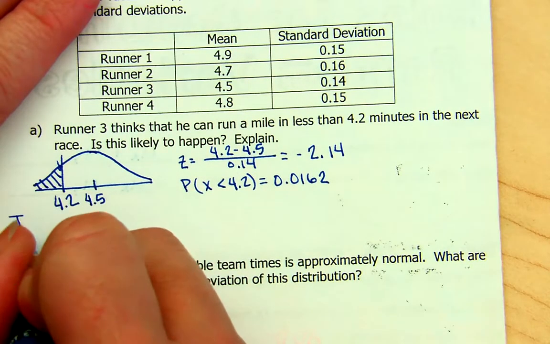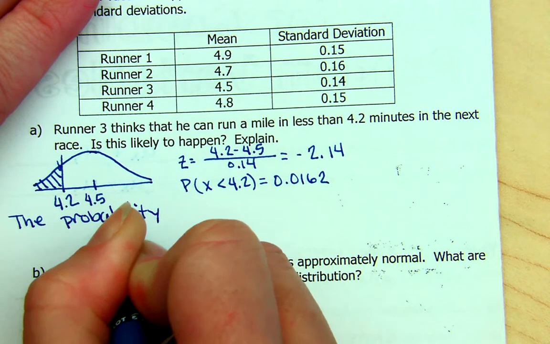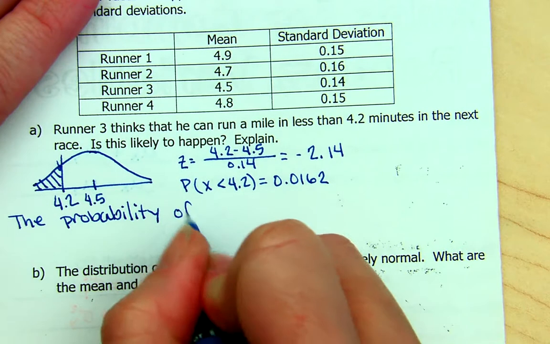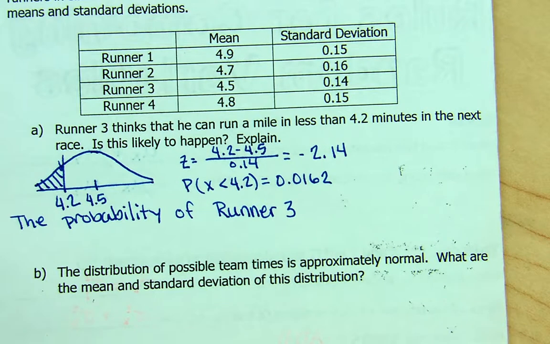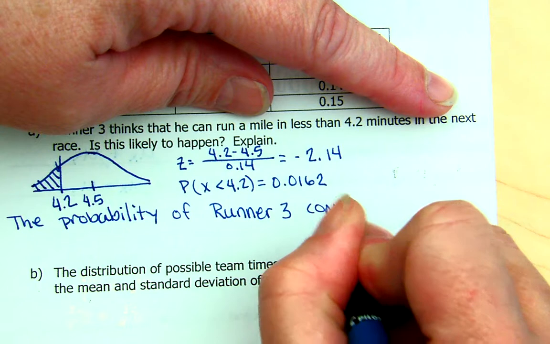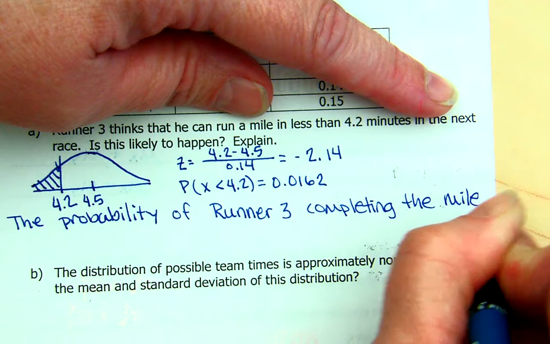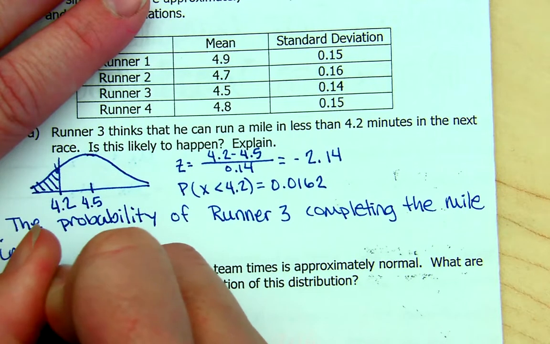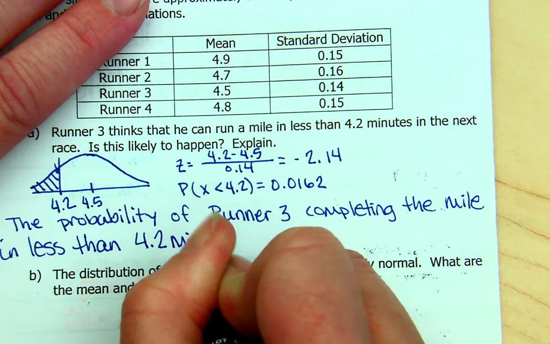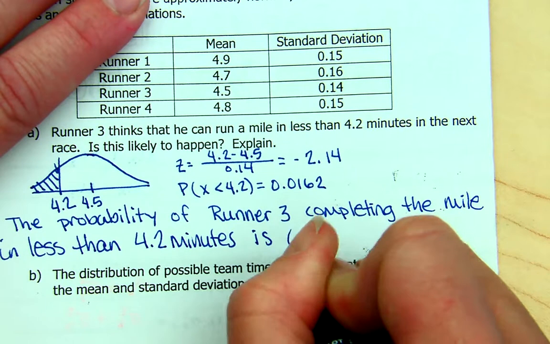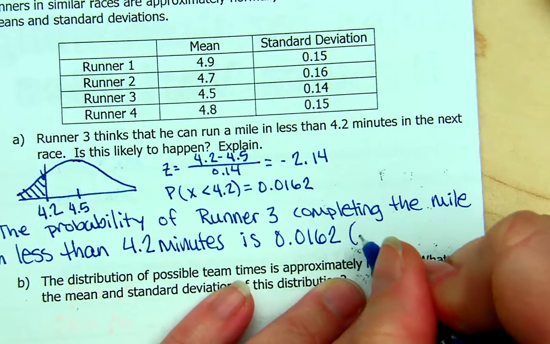So the probability of runner 3 completing the mile in less than 4.2 minutes is 0.0162, and we're going to say that is unlikely.